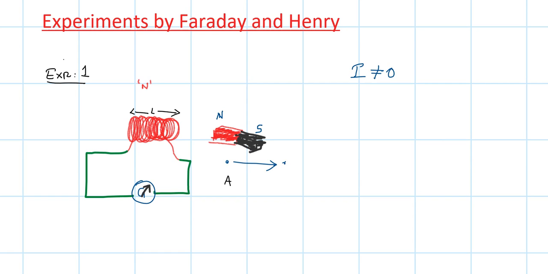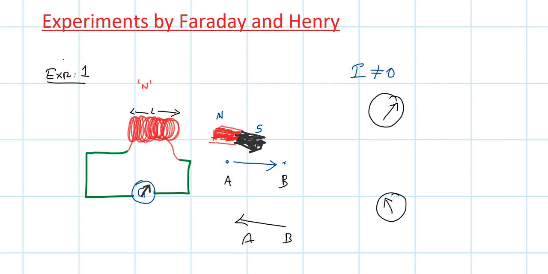If you move from A to B, the galvanometer shows a deflection maybe towards the right, and now when you move from B to A, with the same pole facing the coil, which is the north pole in our case, we get a deflection opposite to the initial case where we pulled the magnet away from the coil.